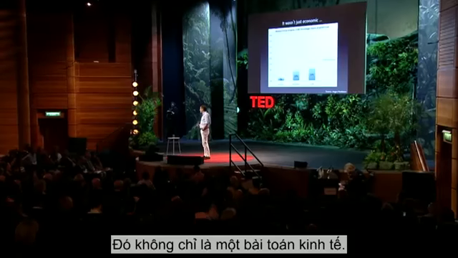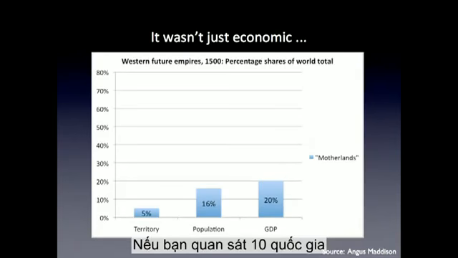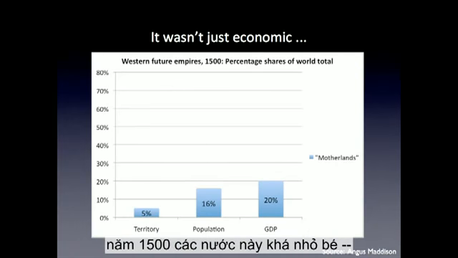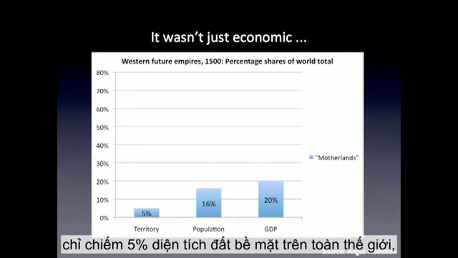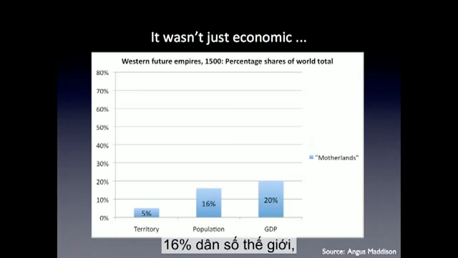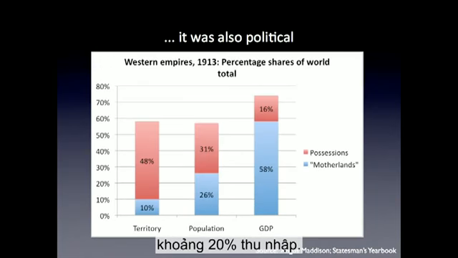This wasn't just an economic story. If you take the 10 countries that went on to become the Western empires, in 1500 they were really quite tiny. 5% of the world's land surface, 16% of its population, maybe 20% of its income.